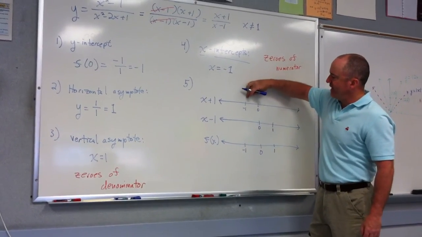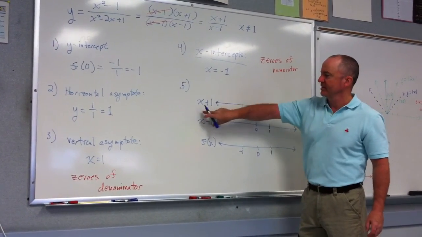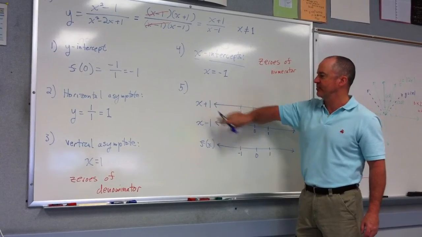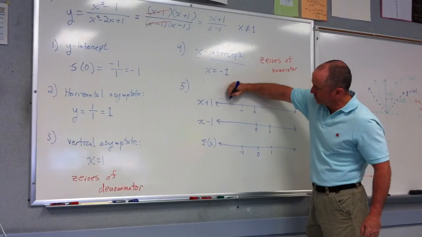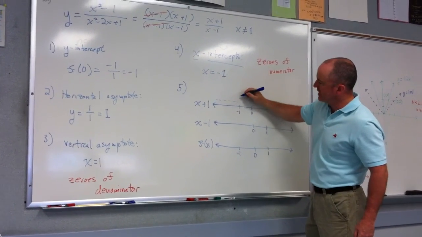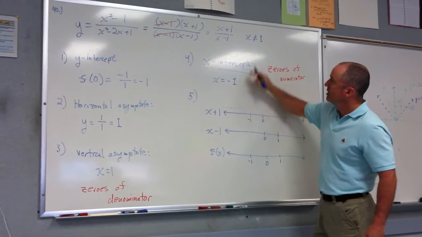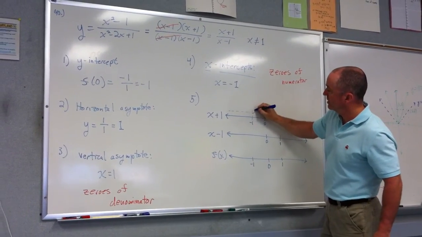If you have an x value less than negative 1, you just put it into the binomial x plus 1, and you know your answer will be negative. When we get to negative 1, we have a 0.